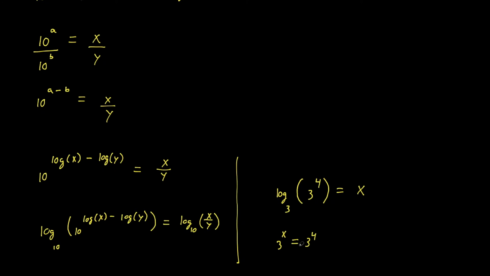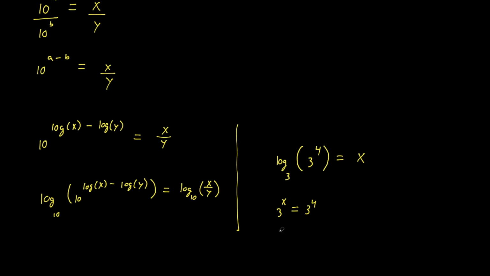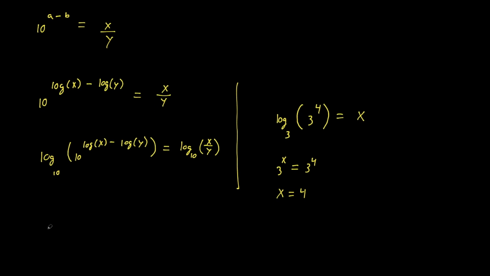Clearly, in that case, the answer is 4, because it's just like with like. 3 to the what equals 3 to the 4th. So we actually have the same case over here. When you have a logarithm with a base and you're taking the logarithm of an exponent with a like base, you can just cross out these 10s here, and you're just left with log x minus log y as the answer.